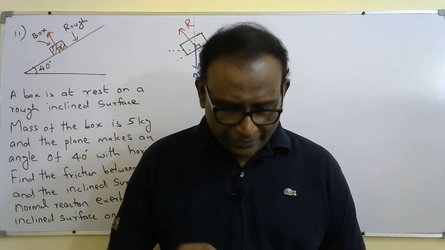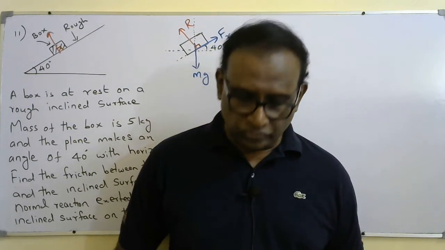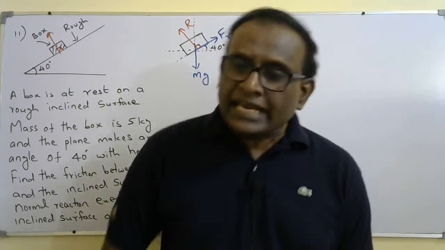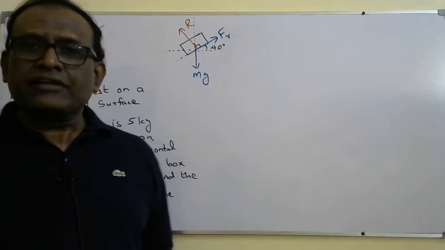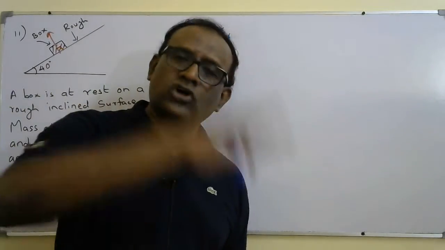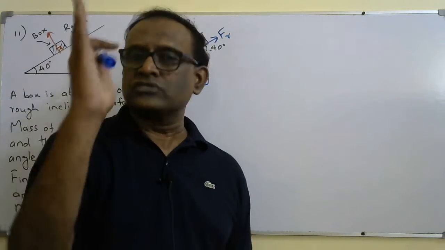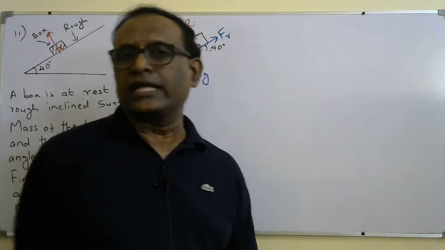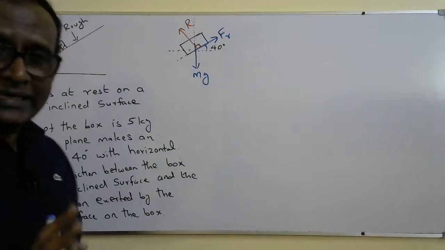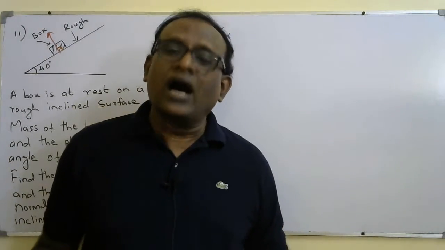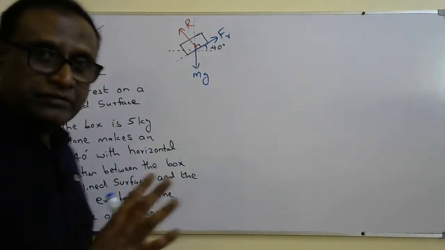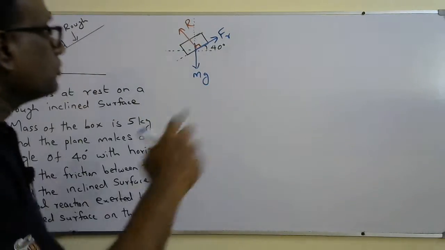So far we came across questions where we resolve all the forces horizontally and vertically. Here also, can I do that way? Should I resolve all the forces horizontally equal to 0, all the forces vertically equal to 0? Yes, you can do, nothing wrong. But mathematically, it might become a little hard. I'm not going to follow that method, I'm going to do some other method, but I'll show you what will happen.